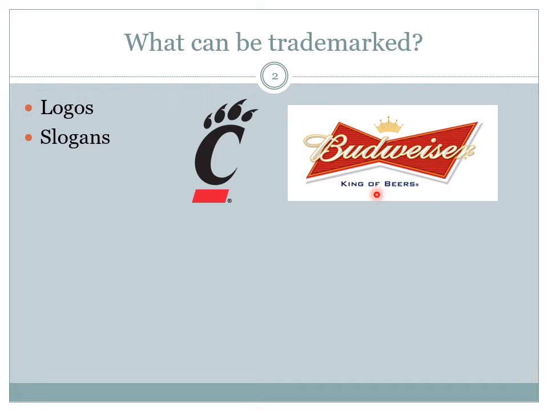According to the USPTO, it is, in fact, Budweiser. So if I develop my own beer, I could not market it as the king of beers. If I were to do so, I would get a strongly worded cease and desist letter from Budweiser's attorneys.